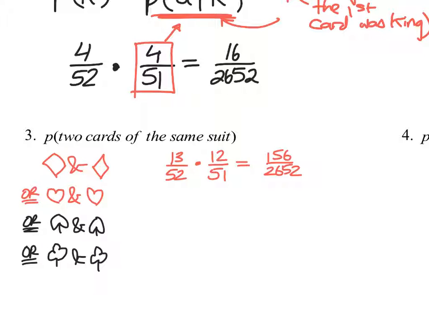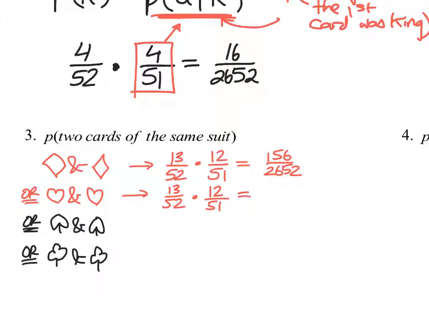The reset button, the OR, has us putting all the cards back in the deck and starting over. If I do that, I still got 13 hearts out of 52 cards. If I select one, I'm still only going to have 12 out of 51. So 13 out of 52 and then 12 out of 51.